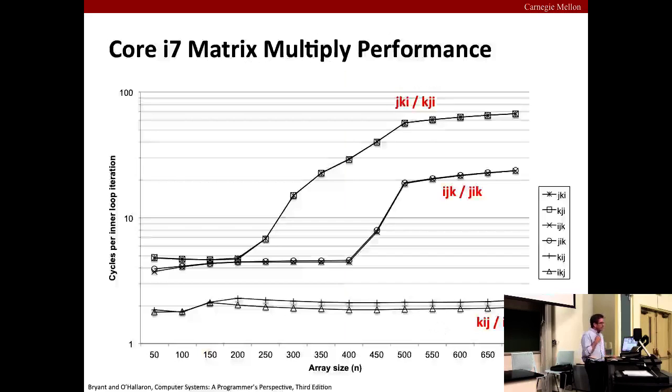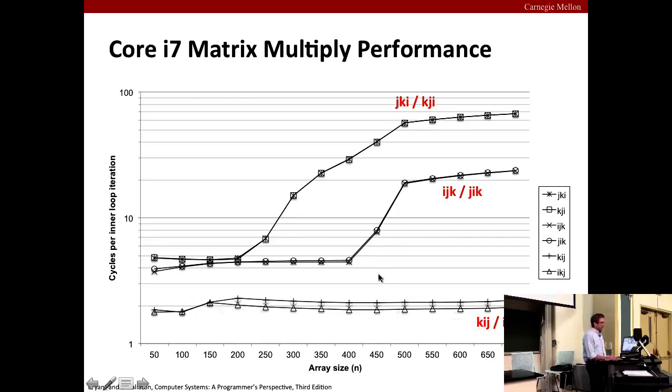When we measure these on a modern system, you can see that KIJ, which has the fewest misses, is getting about 1 miss. What we're plotting here is cycles per inner loop iteration, so each iteration is taking about 1 cycle, which is really good.